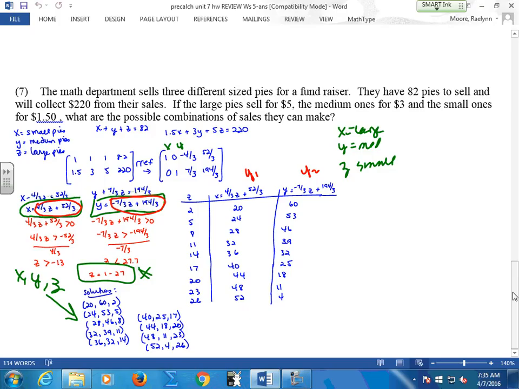You're fine. Because your equations are going to be in a different order than mine. I set mine X, Y, Z, small, medium, large. You probably went by this statement, right? Large, medium, small? Yeah, that's fine.